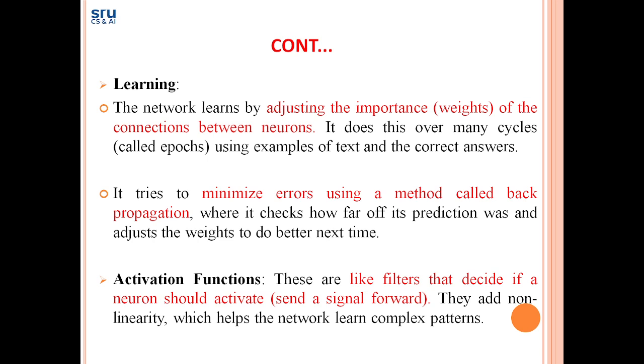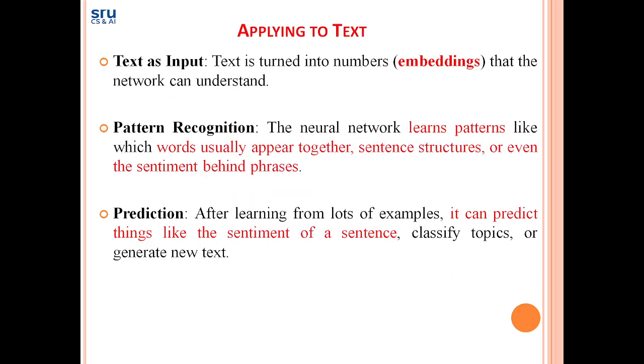Activation function: it acts like a filter. We decide whether a neuron should send a signal forward or not. Text as input: the text is converted into numbers, which is called embedding, so this can be understood by the network.